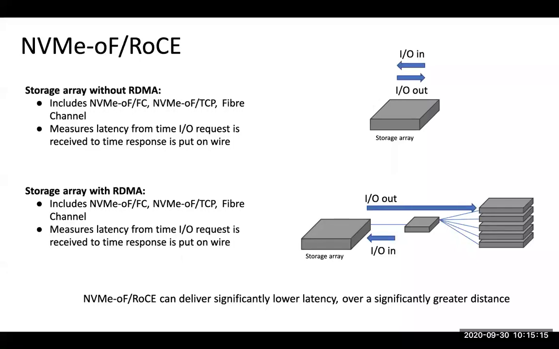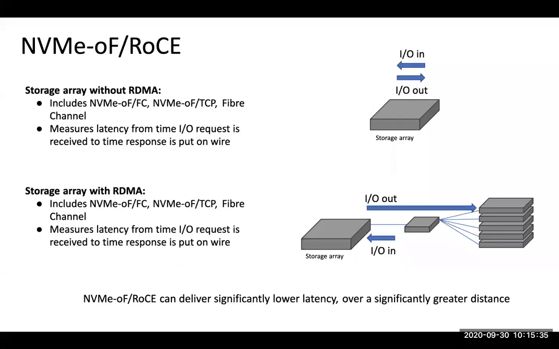When an array vendor or a storage manufacturer such as Pavilion talks about latency with RDMA, we do segregate it depending on which protocol we're using. When you're talking about RDMA, we're talking about a very different measurement. We're not just talking about the latency within the array.